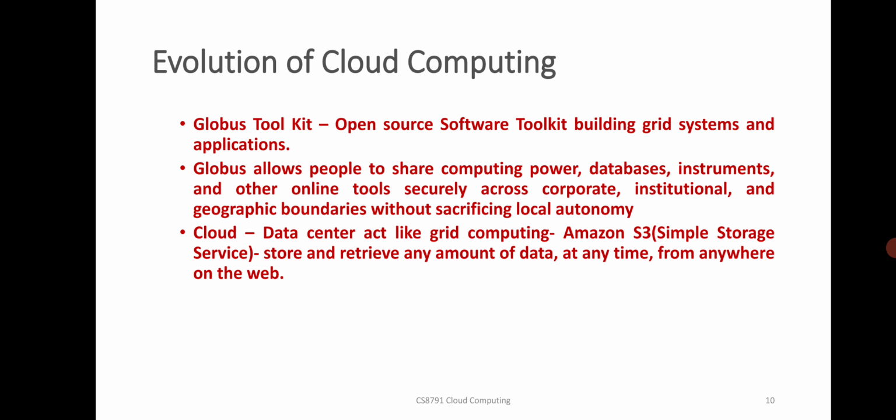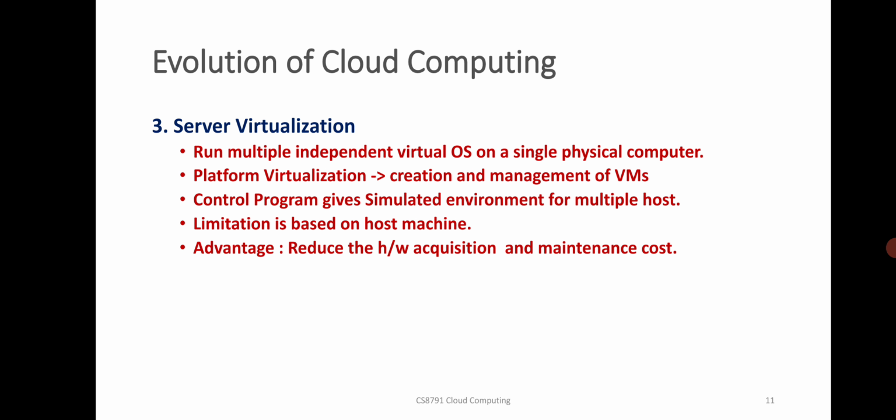Cloud means data center. In cloud, data center act like grid computing. So Amazon S3 is the example for storage services, so that stores and retrieve any amount of data at any time from anywhere on the web.